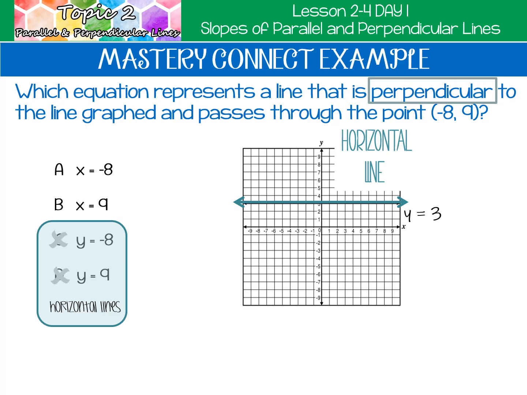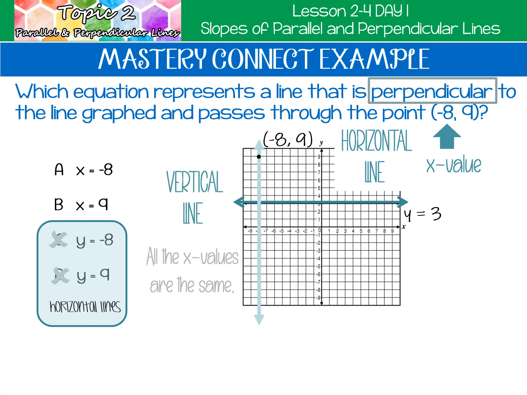They're not going to be perpendicular, so it can't be C or D. Let's continue. It's got to pass through the point -8, 9. -8 is the x value. And in a vertical line, all the x values are the same. So the equation for that vertical line must be x equals -8.